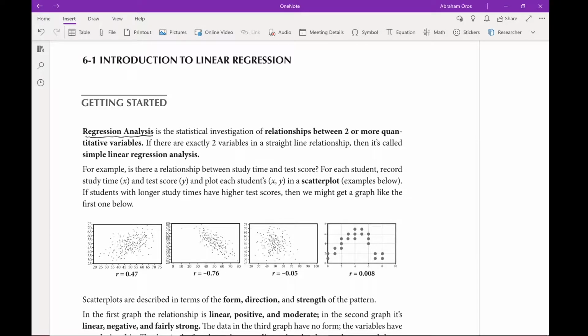This is an investigation of relationships between two or more quantitative variables. So keep that in mind: quantitative variables. We'll have a quantitative variable on the x-axis and a quantitative variable on the y-axis.